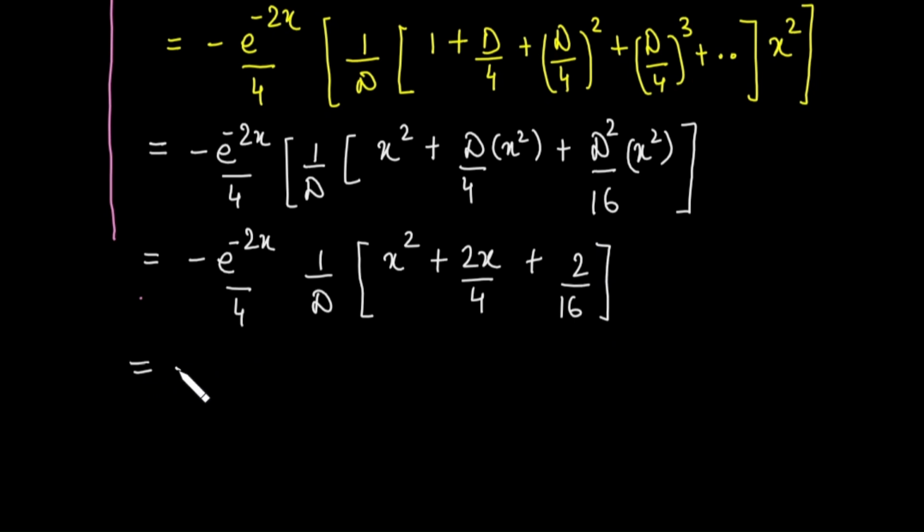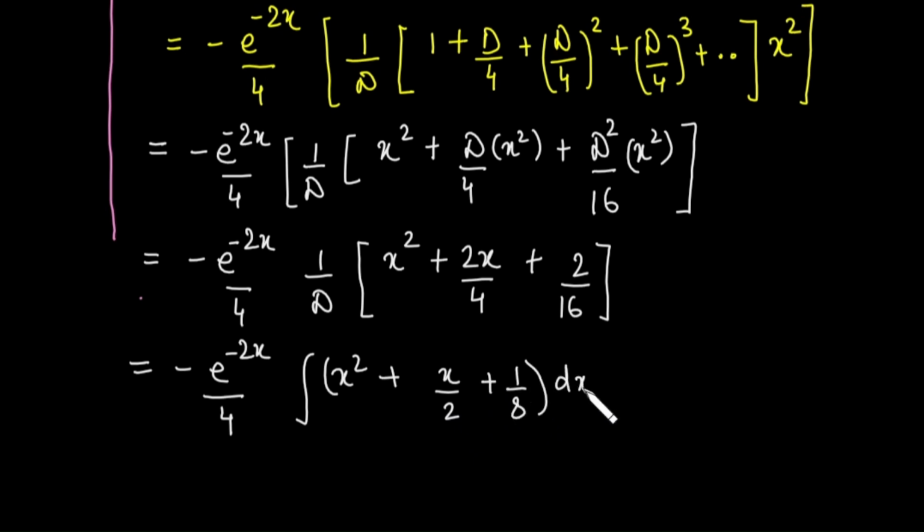Now this is equal to minus e raised to power minus 2x by 4. 1 by D stands for the integration. Now we need to take the integration of all these three terms. So the integration of x square plus 2x by 4, that is x by 2, plus 1 by 8 with respect to x.